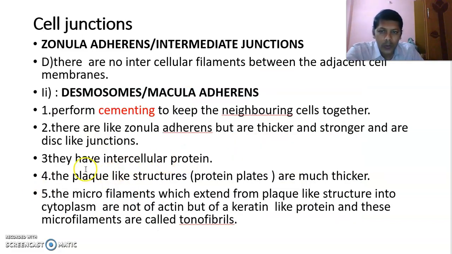They have intercellular protein, and the plaque-like structures, the protein plates, are much thicker here. The filaments which extend from the plaque-like structure into the cytoplasm are not actin but keratin here.